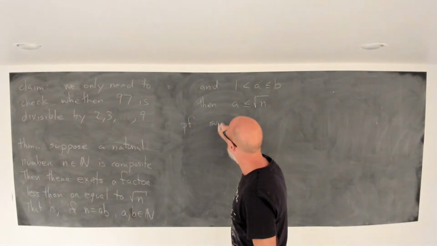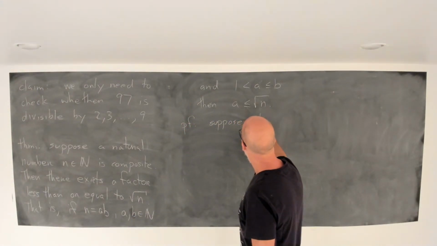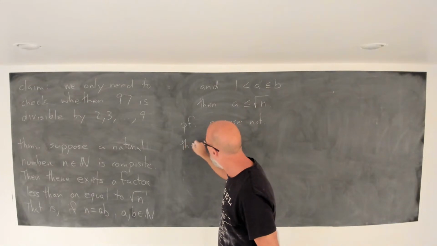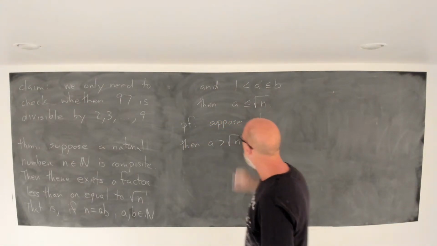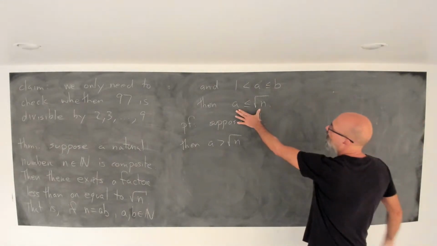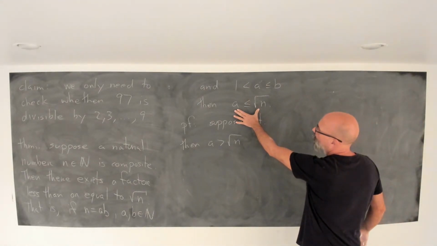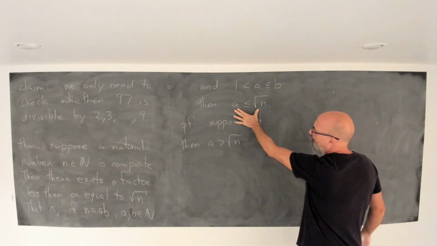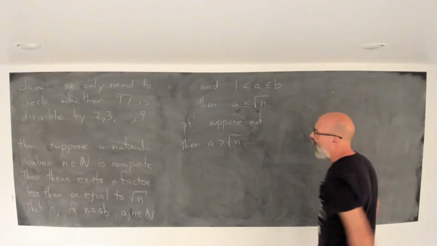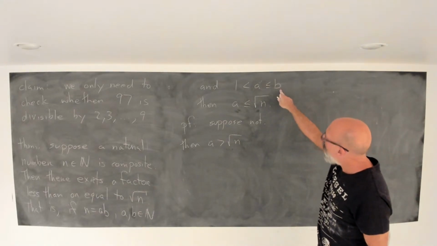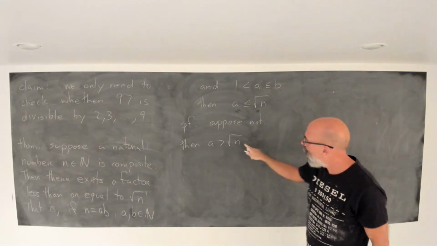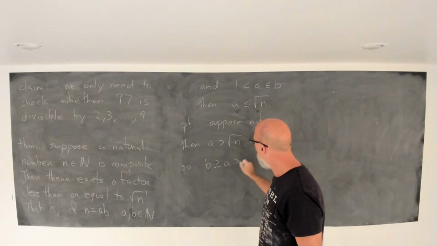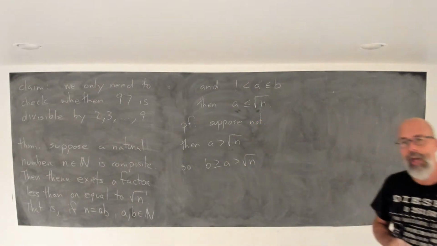Suppose not. It's a proof by contradiction. Our conclusion is that A has to be less than or equal to root n. So if it's not true, then A has to be bigger than root n. But B is bigger than or equal to A, so B is also bigger than root n.